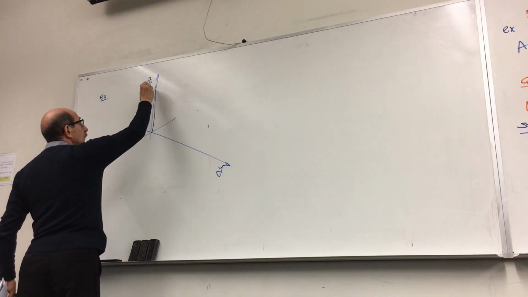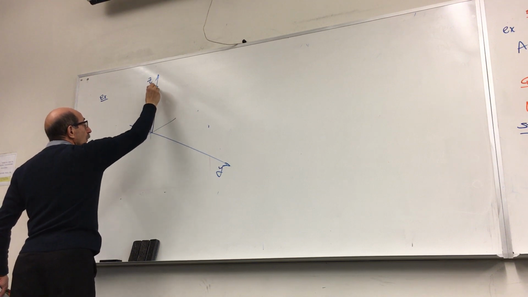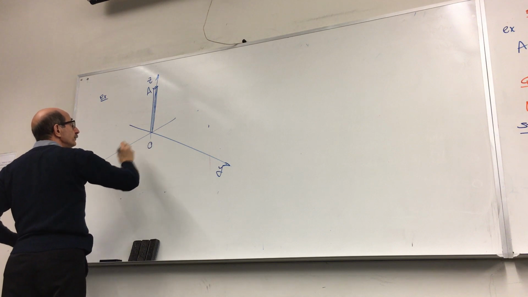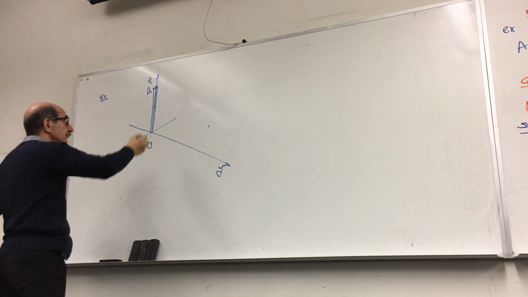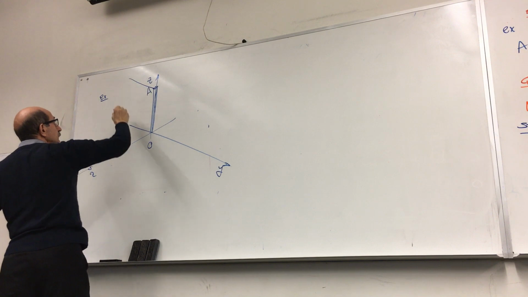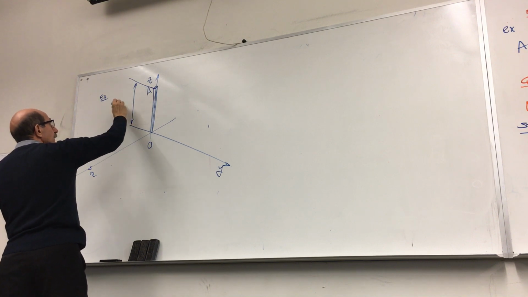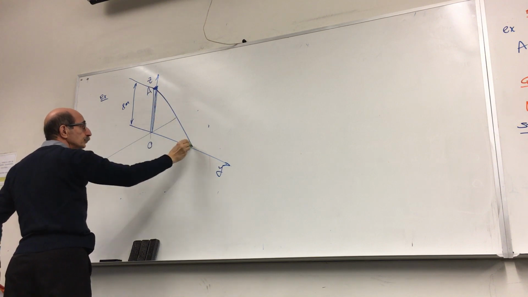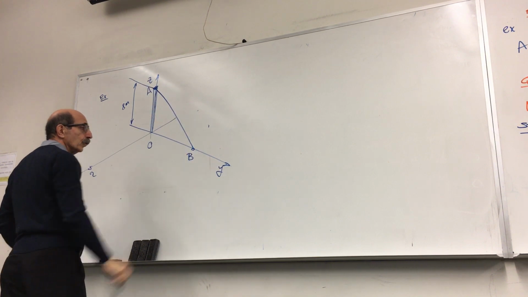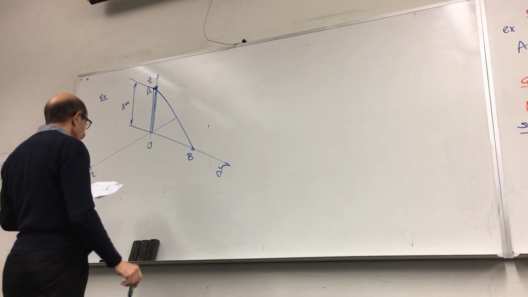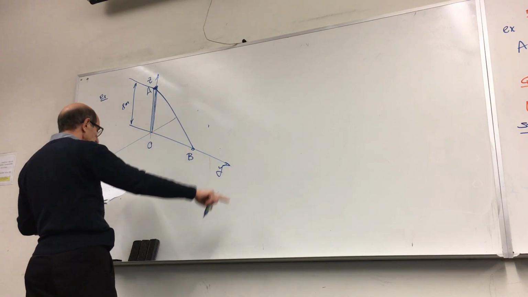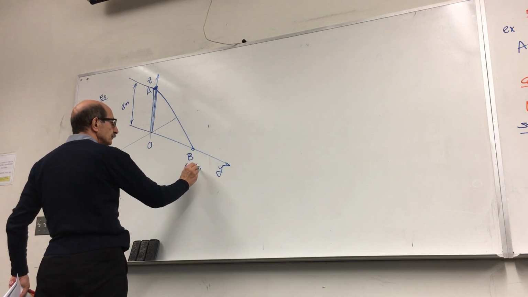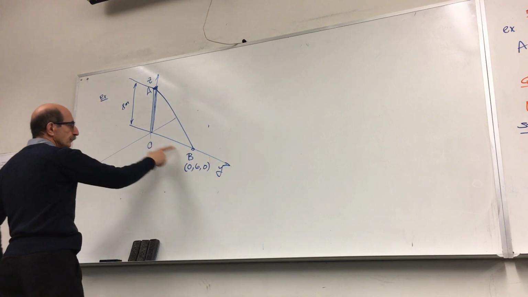You have a pole, A, O. This pole, a cable, and the height of this pole is given, 8 meters. A cable is attached from A to point B. Coordinates of B are given. It lies along the y-axis, so it has 0, 6, and 0. This distance is 6 meters.